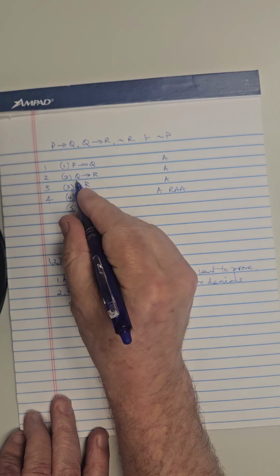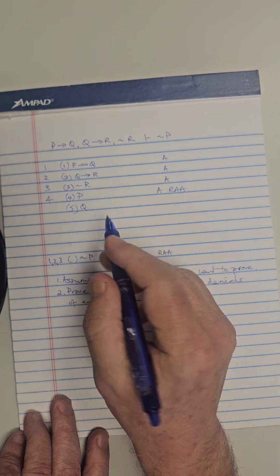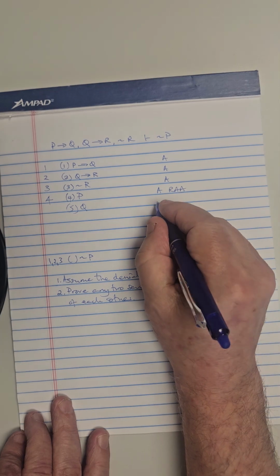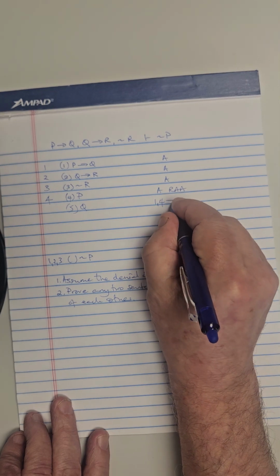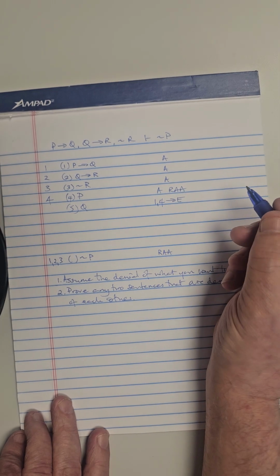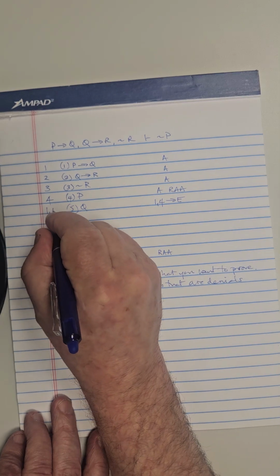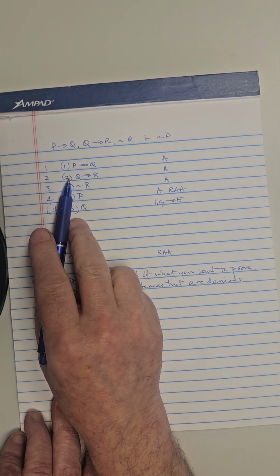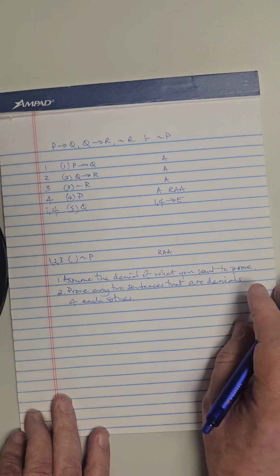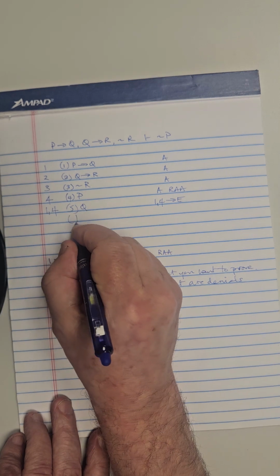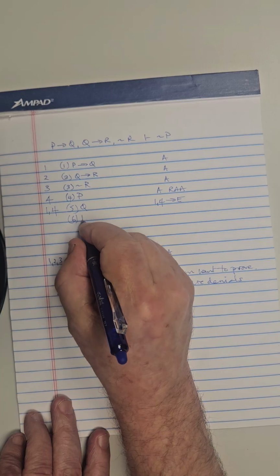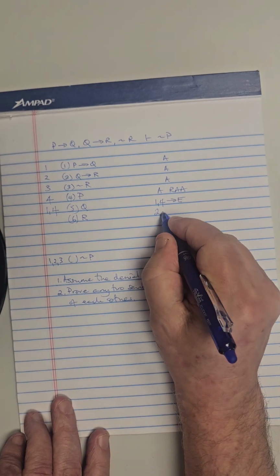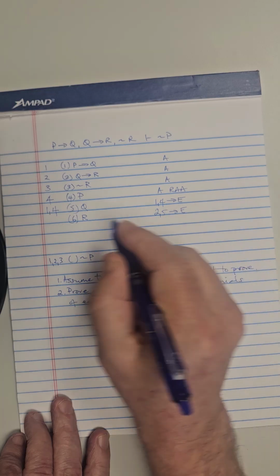So from P we can prove Q. Here's the conditional if P then Q. Here's its antecedent P. So 1, 4 arrow elimination gives us Q. And Q is the antecedent of the conditional on line 2, and so we can prove its consequent R from 2, 5 arrow elimination.